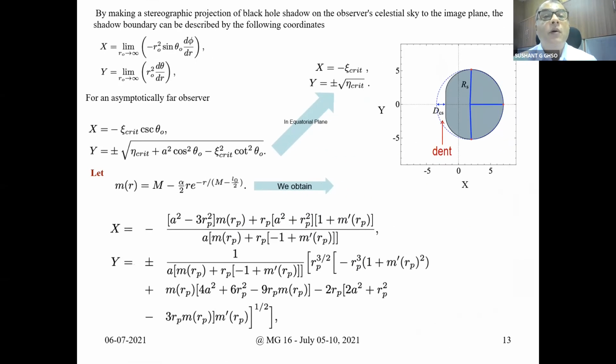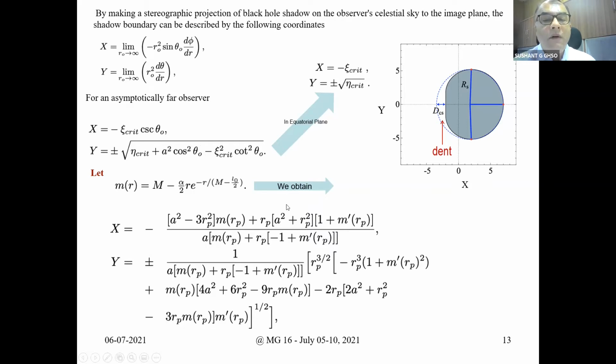Now if you make a stereographic projection of the black hole shadow in the observer's image plane, then they are governed by the celestial coordinates, which are defined by this. In the case of the hairy Kerr black hole as well as the Kerr black hole, this can be evaluated exactly. When you are in the equatorial plane, it becomes a very simple form, which is here.